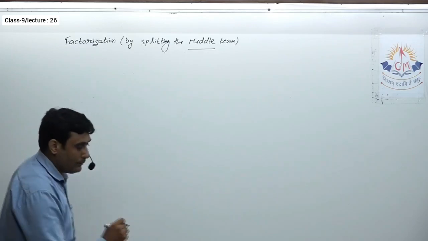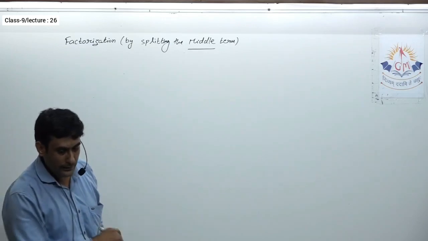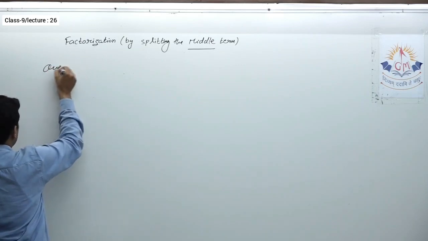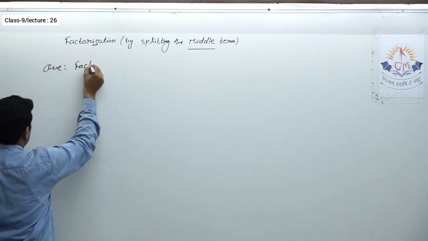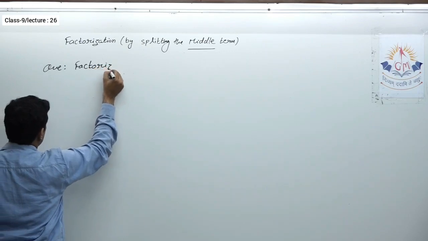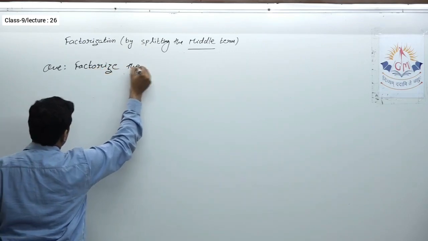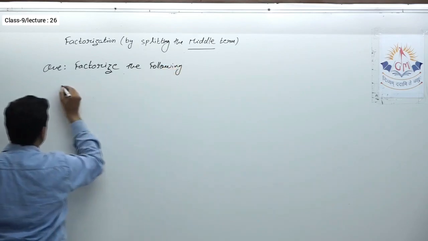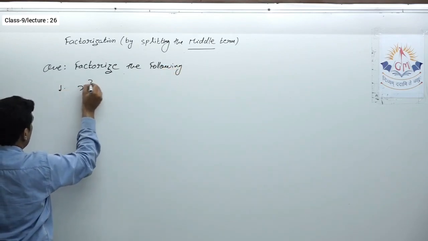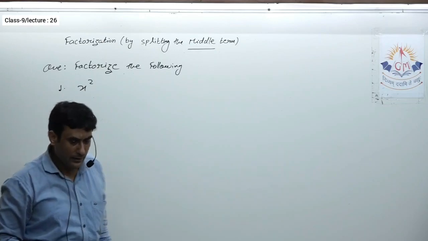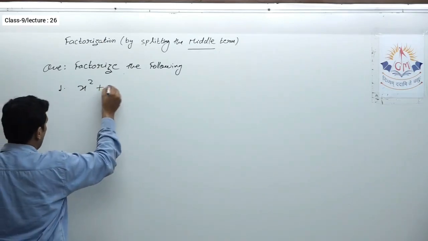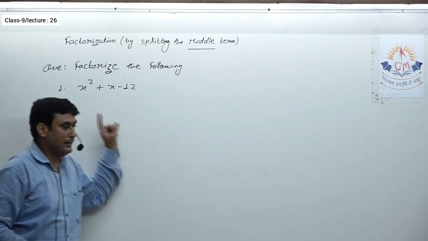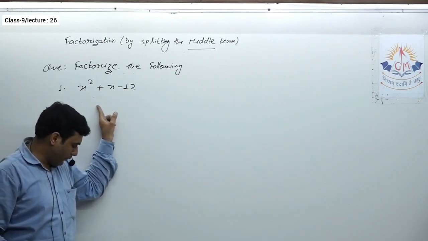Let us see one example. Factorize the following: x square plus x minus 12. Now the two things that I told you, we have to confirm whether it is in the standard form or not.